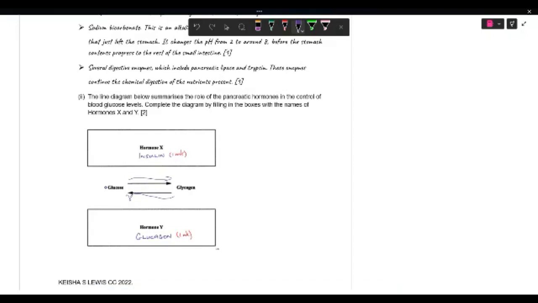Glucagon, right? And that's how they work. Insulin influences storage, whether it's in the form of glycogen, as in this diagram, or even in the fatty cells, conversion to fats. And glucagon stimulates the release of glucose, right, by breaking down the glycogen into glucose. So that's the diagram there.